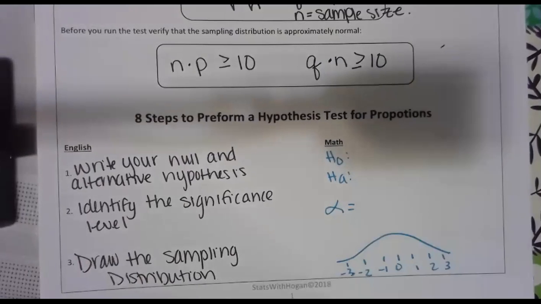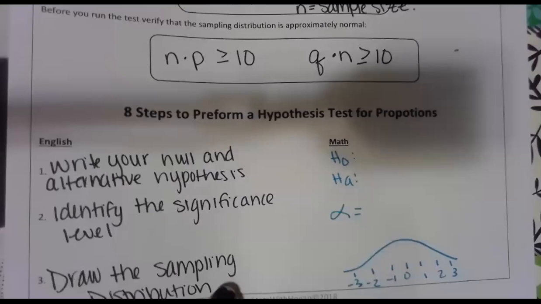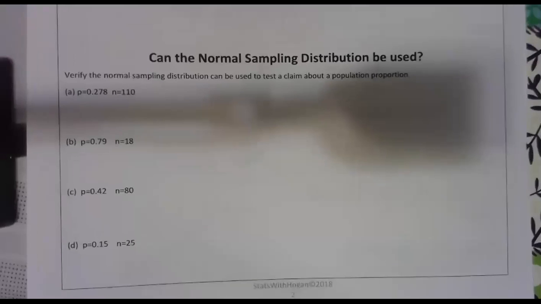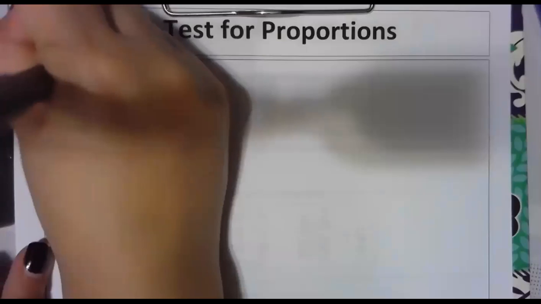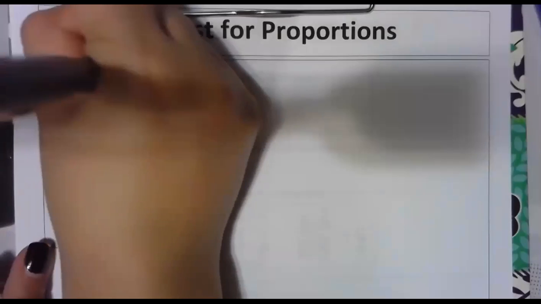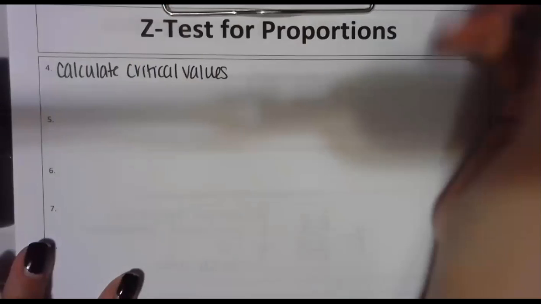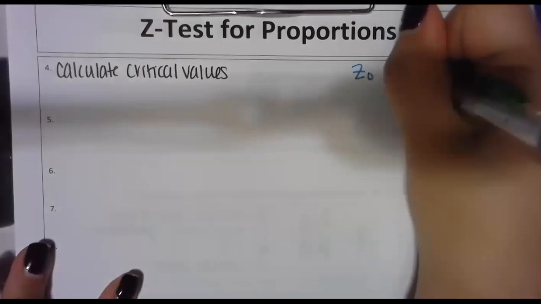Fourth step would be to calculate your critical values. So you're looking for your Z naught, and you're going to be using the website.